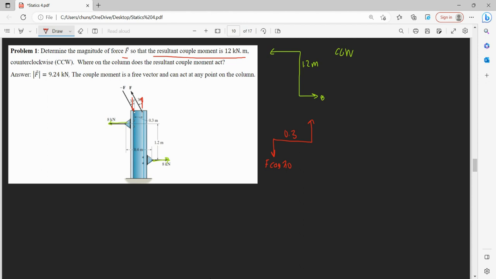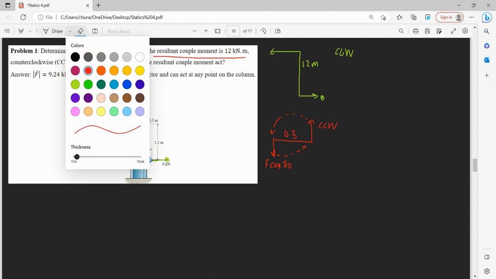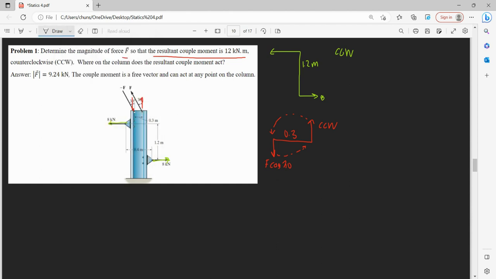So then if we follow this, it is also counterclockwise. So we know that our moment is equal to 12 kilonewton meters.